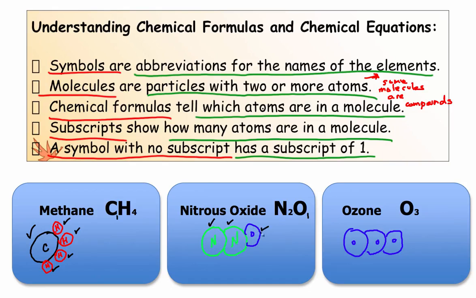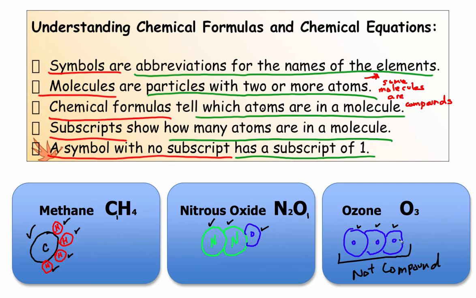And then finally, ozone, which is an interesting molecule, is made up only of oxygen atoms, and there are 3 of them. If you count, we have 1, 2, and 3 oxygen atoms, and so this particular molecule would not be a compound because it's only made up of 1 type of atom, oxygen atoms.